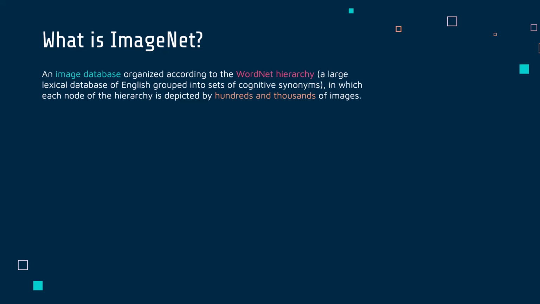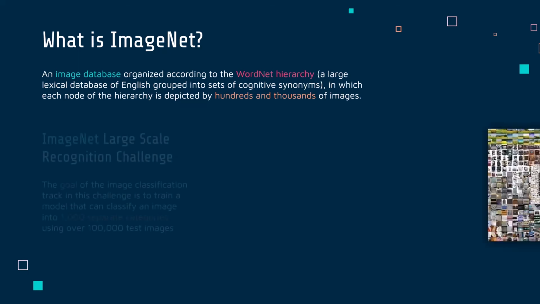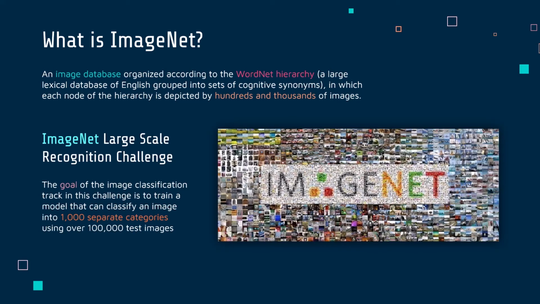In the context of computer vision and deep learning, we are referring to the ImageNet Large-Scale Recognition Challenge. The goal of the image classification track in this challenge is to train a model that can classify an image into 1,000 separate categories using over 100,000 test images. The training dataset itself consists of approximately 1.2 million images.